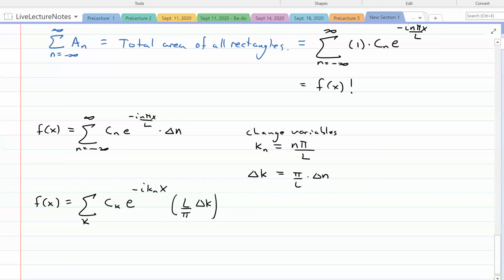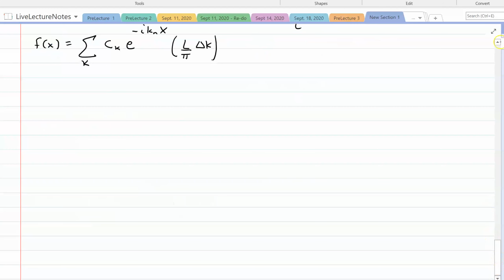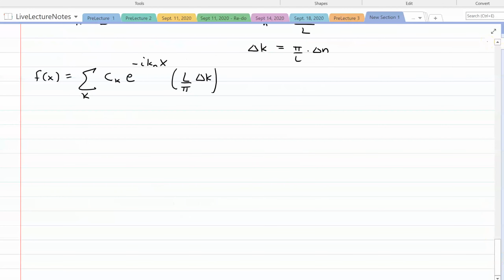Typical convention here is I'm going to pull out a 2 pi, sum over k, and I have here 2L times c sub k, e to the minus I kn times x times delta k.